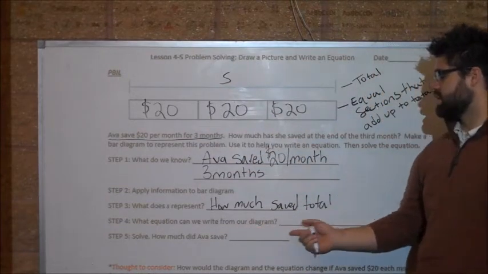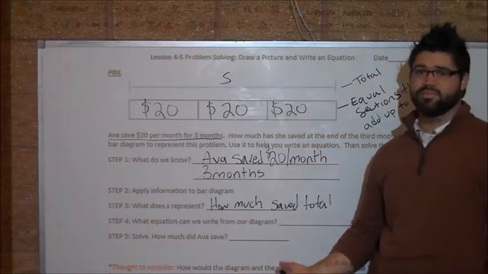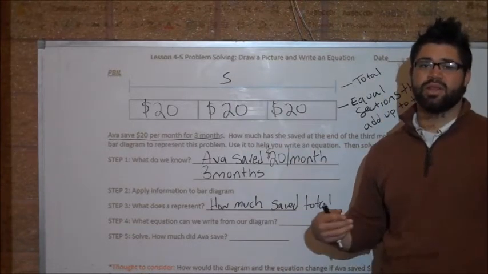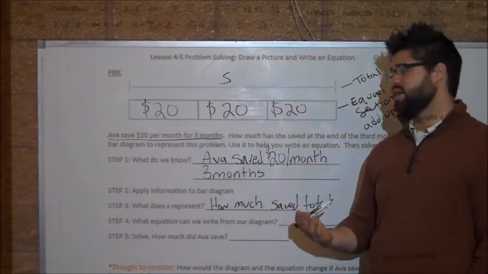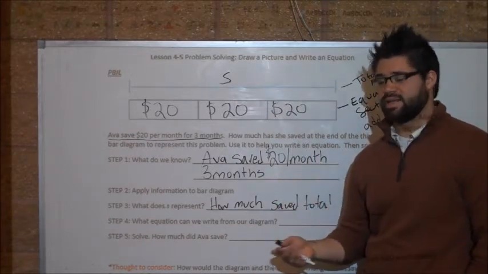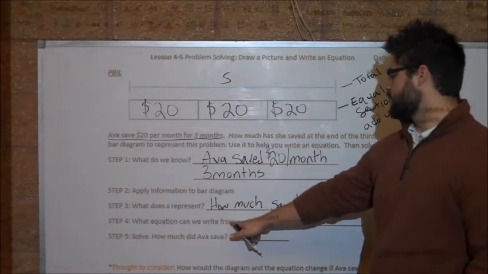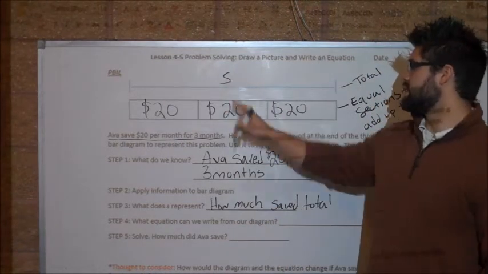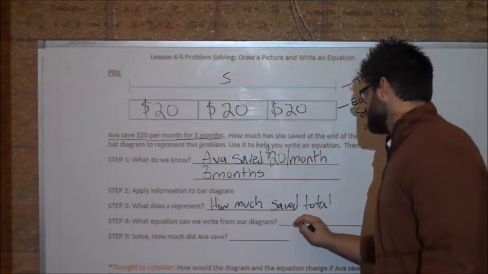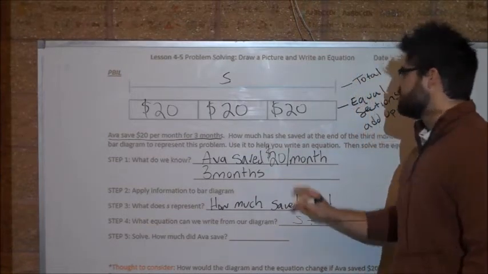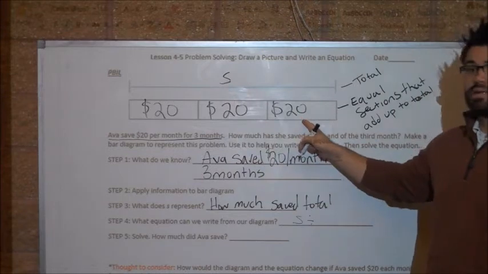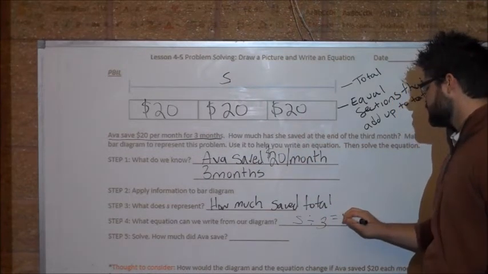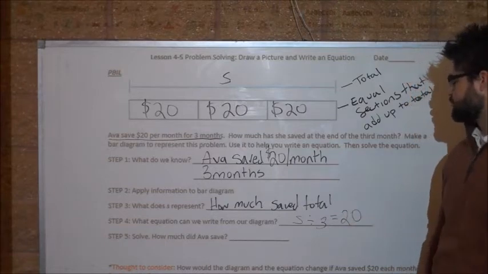Now, what equation can we write from our diagram? Remember, the diagram is just telling a story. The equation is telling a story. The word problem tells us the story. It's all just different ways to say that story. So what equation can we write from our diagram? Well, we could say that S divided by 3 equals 20.